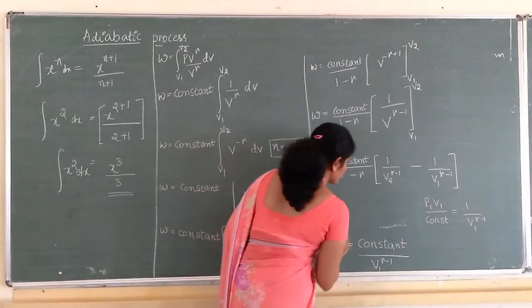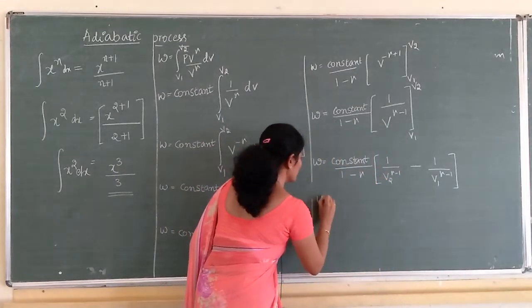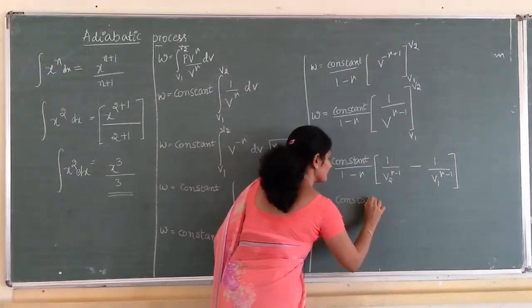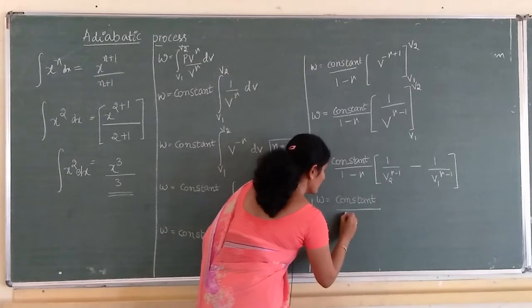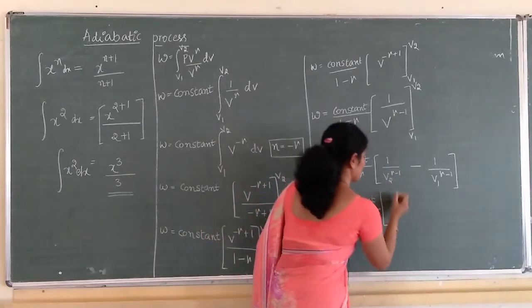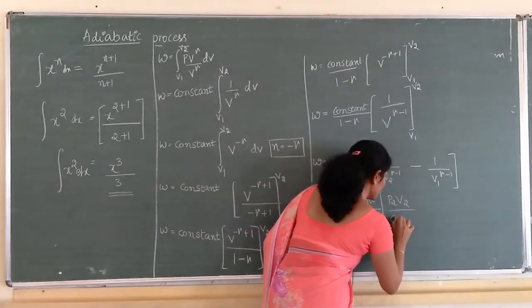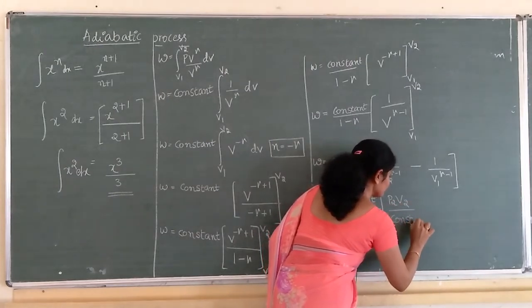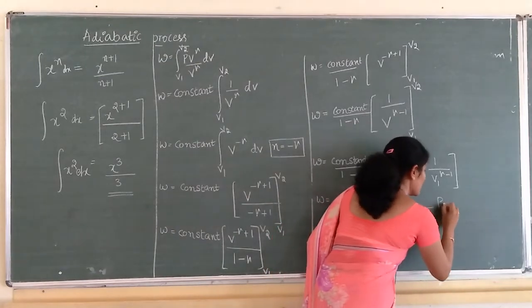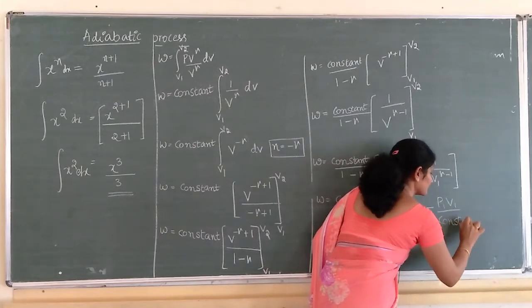So I will write W is equal to constant divided by 1 minus gamma into p2 v2 divided by constant minus p1 v1 divided by constant.